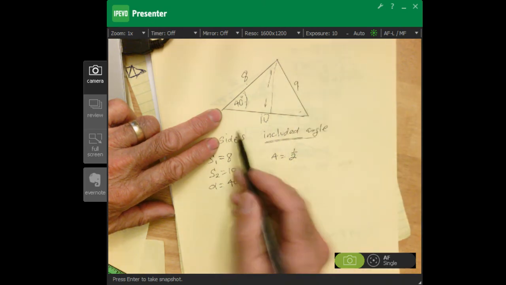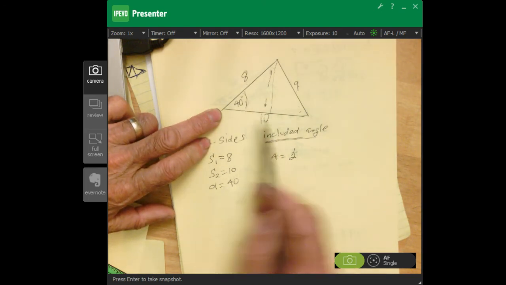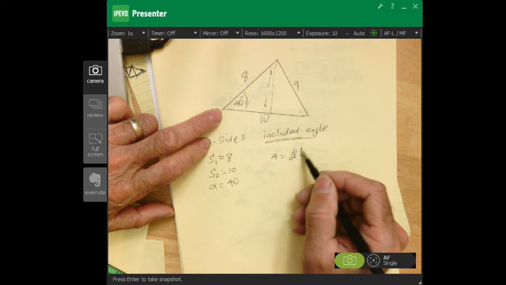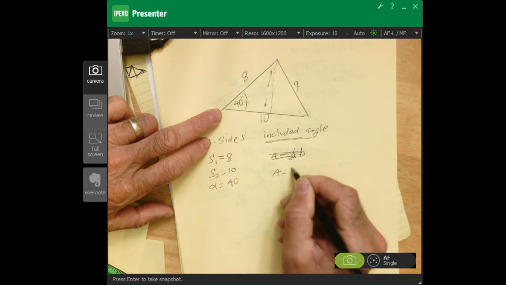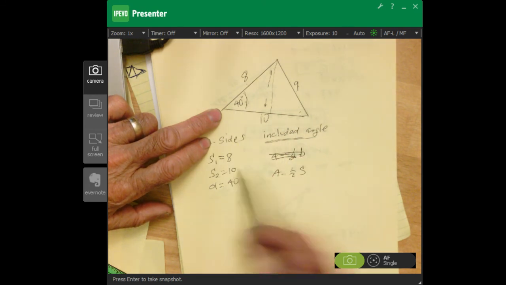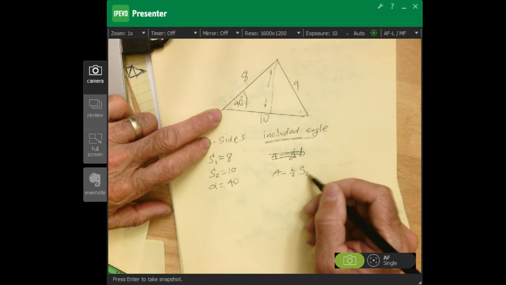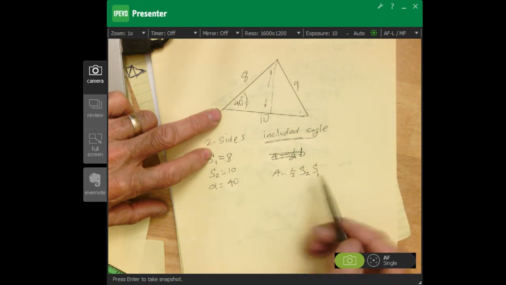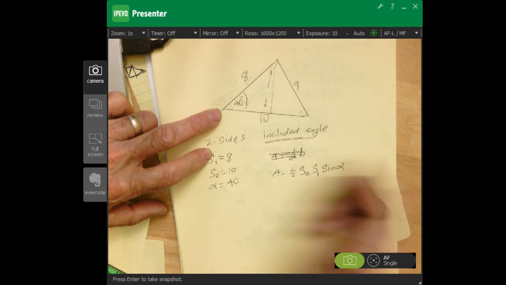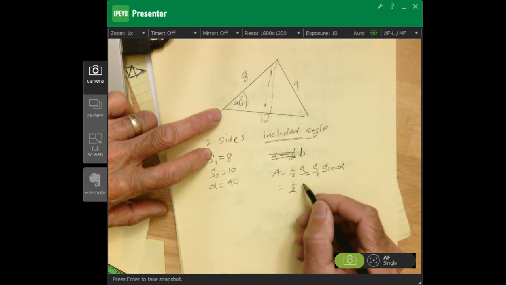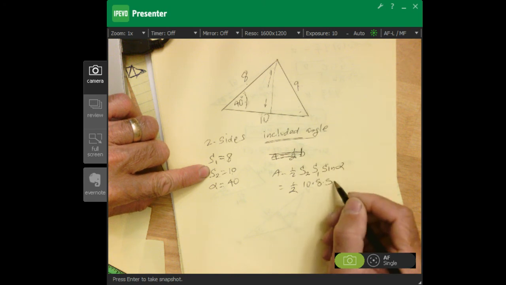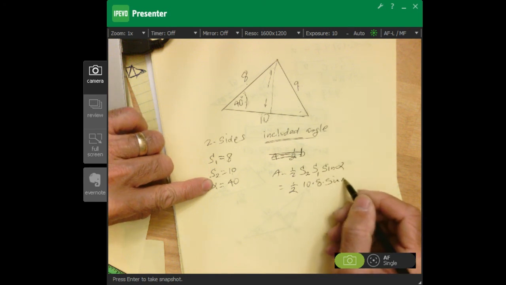Now this distance is going to be represented by the sine. So the formula is going to be 1/2 times side 1, or actually I guess it's side 2, and then times the other side, times the sine of alpha, the included angle, which is going to be 1/2 times 10 times 8 times sine 40.